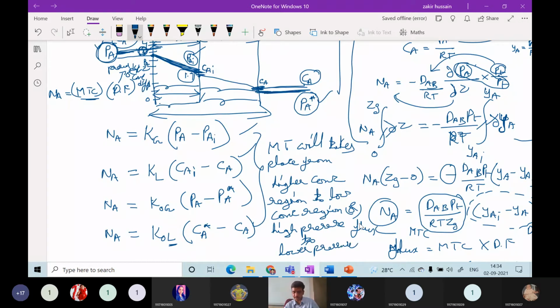If you know this statement, how mass transfer takes place from higher concentration to lower concentration, and also that flux is nothing but the product of the mass transfer coefficient and the driving force, you can write this by looking at this graph.